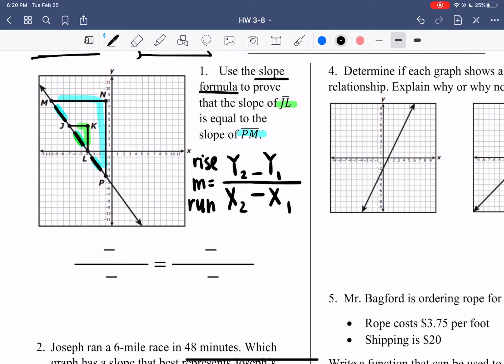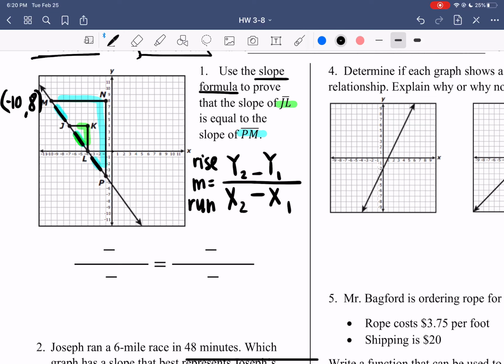So we have M located at -10. Always starting at the origin, we're going to count 1, 2, 3, 4, 5, 6, 7, 8, 9, 10. So our x is -10, and our y is 1, 2, 3, 4, 5, 6, 7, 8.